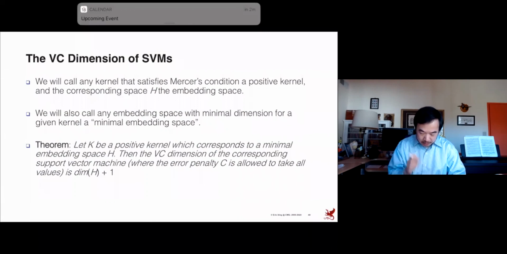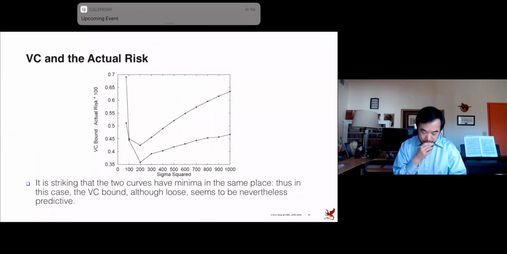Okay, so here is a conclusion slide which tells you the VC dimension of the SVM. I think this is the key. By projecting them into a higher dimensional Euclidean space or Hilbert space, you can basically measure the VC dimension in a pretty trivial fashion.